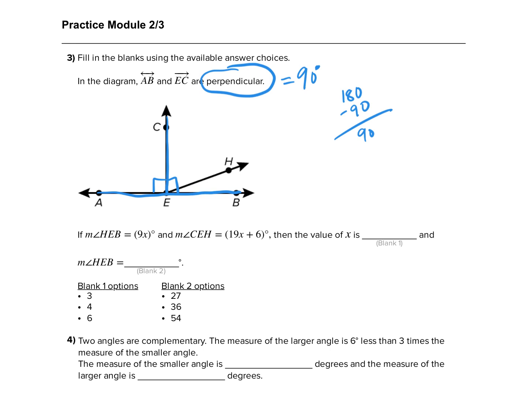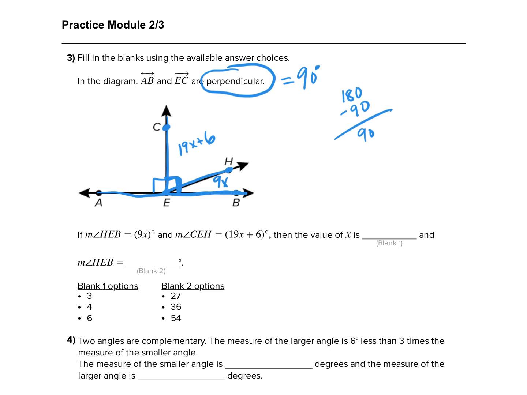All right, so we are told that HEB, so the small angle here, is 9x, and CEH is 19x plus 6. And we want to know the value of x. All right, well, the two angles together are complementary.